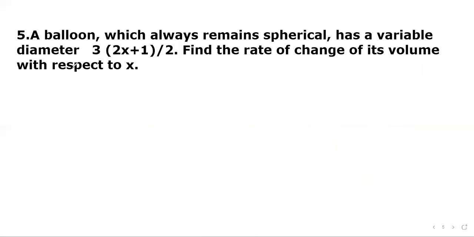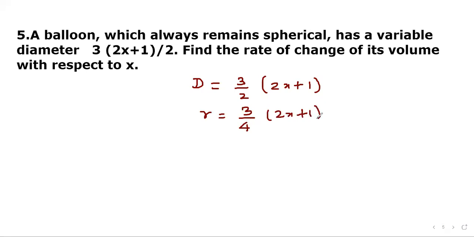Question number 5. A balloon which always remains spherical has a variable diameter 3 by 2 times (2x plus 1). Find the rate of change of its volume with respect to x. So here, the diameter is given as 3 by 2 times (2x plus 1). So the radius will be 3 by 4 times (2x plus 1).